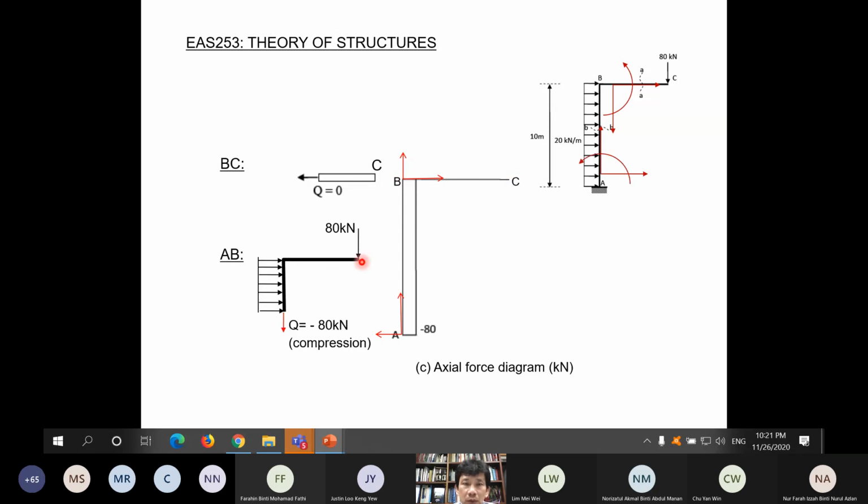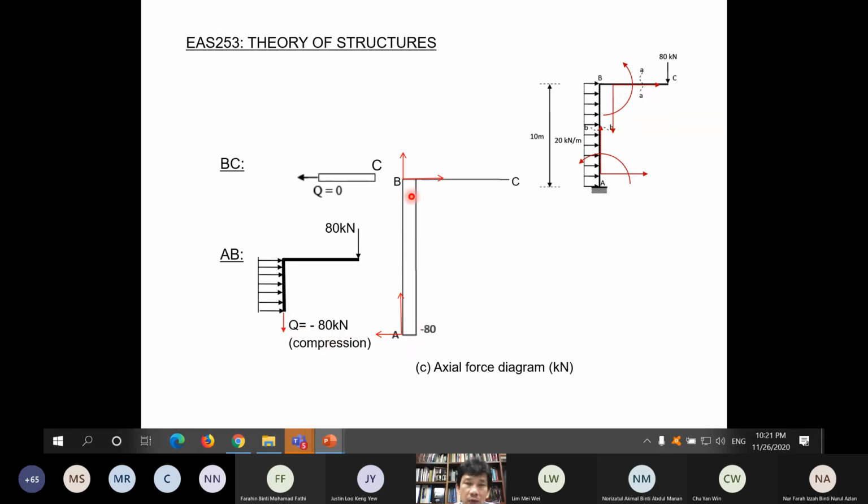Then the next one, we make use of this part here. So we get Q, with positive convention for Q, Q plus 80 is equal to 0. So Q equals negative 80, which means it is in compression. So our sign convention here that we adopt for Q is to assume that it is in tension. So if it's negative, it means that part of the member is in compression.